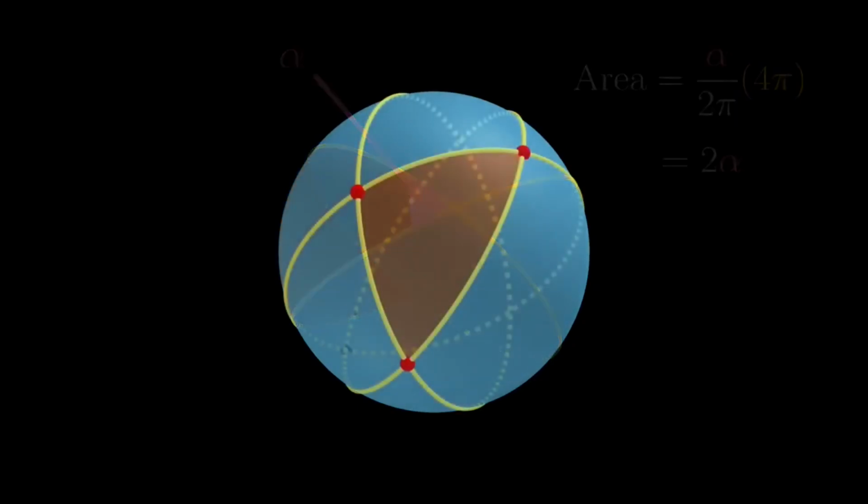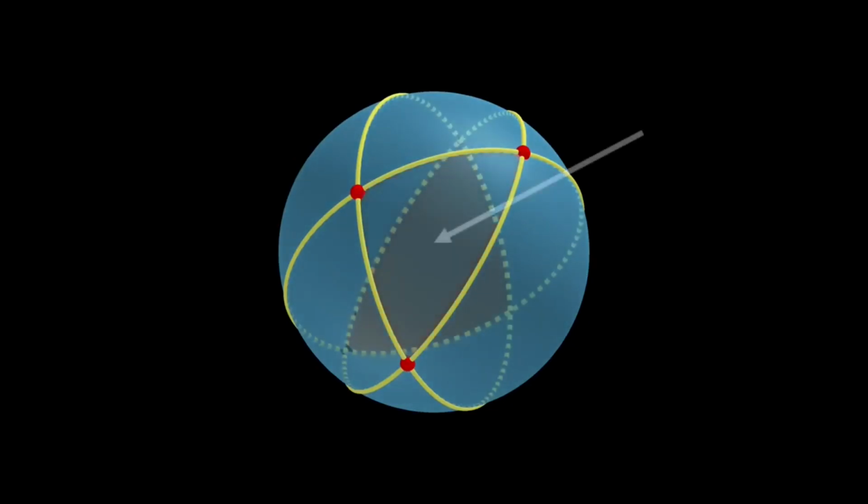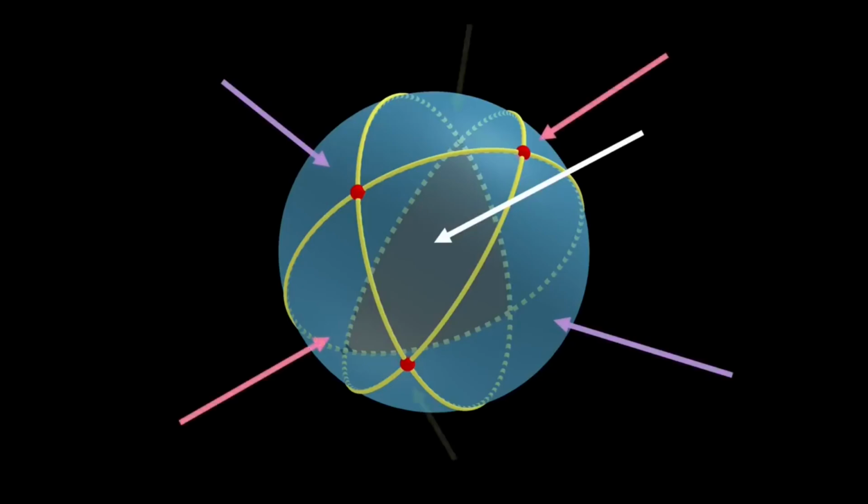When we add one more great circle to the mix, there are more regions to consider, but we can use symmetry. For example, there is a spherical triangle in front right now, but on the back there is the exact same shape. Very similarly, these regions occur in pairs and have exactly the same shape by symmetry.